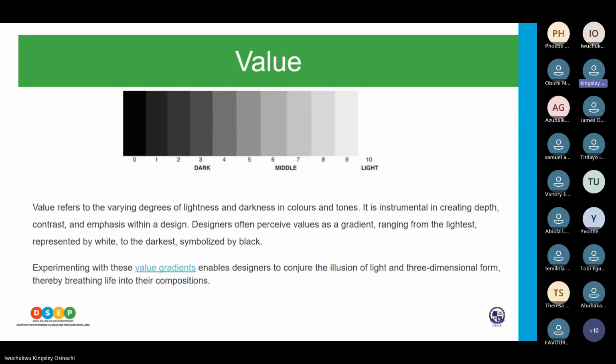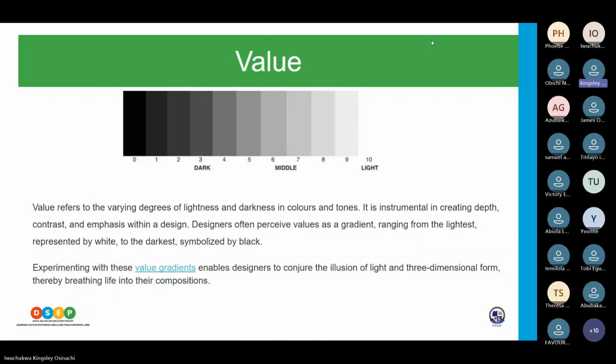Moving on, another element to have is value. We see in the diagram the dark, middle, and light, right? Value refers to the variation of lightness and darkness in color. It is instrumental in creating depth, contrast, and emphasis within a design.